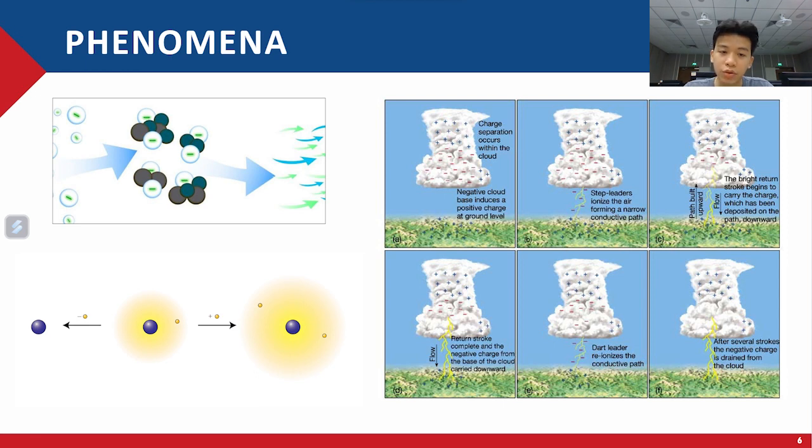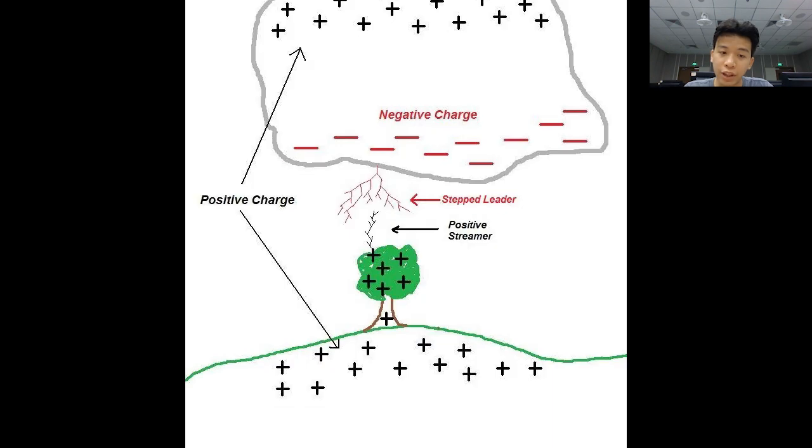These leaders will form different branches because the air may not ionize equally in all directions, because of the wind, the dust, and the weather conditions. When a step leader descends from a thunderstorm cloud toward the Earth's surface, it creates a conductive path made up of ionized molecules in the surrounding air.